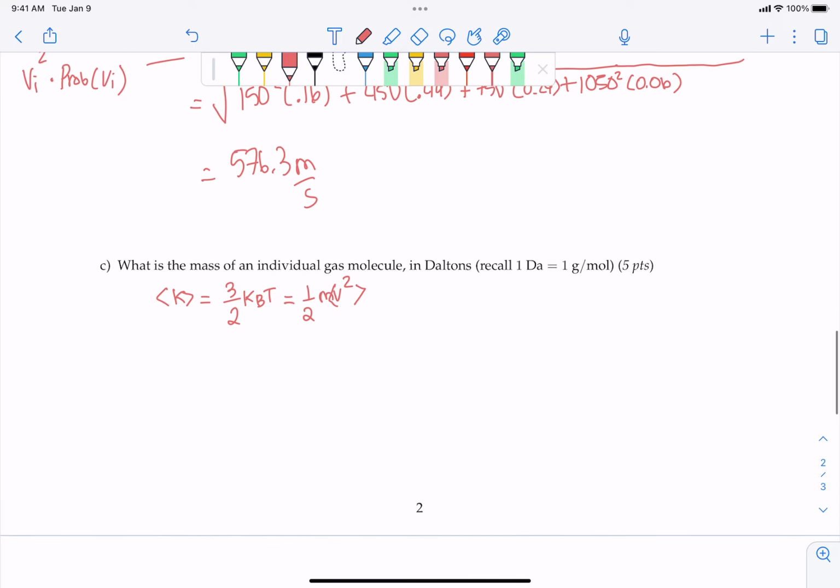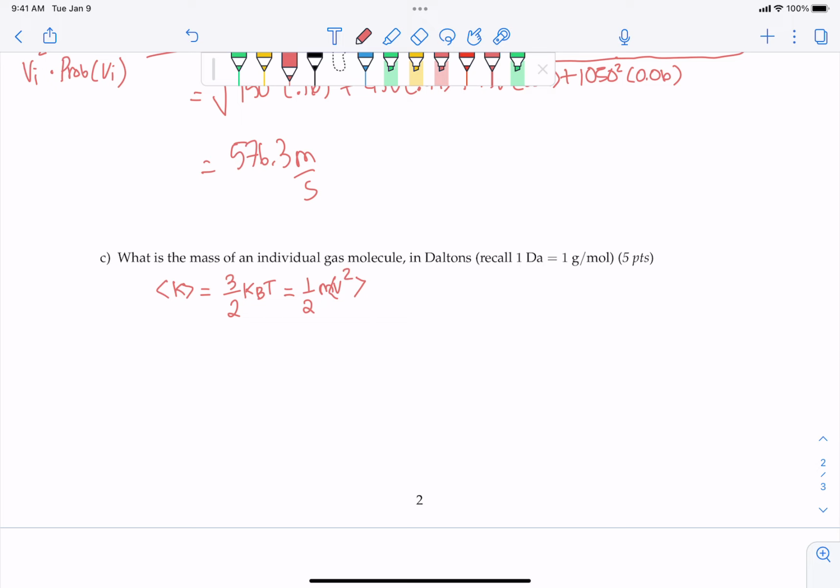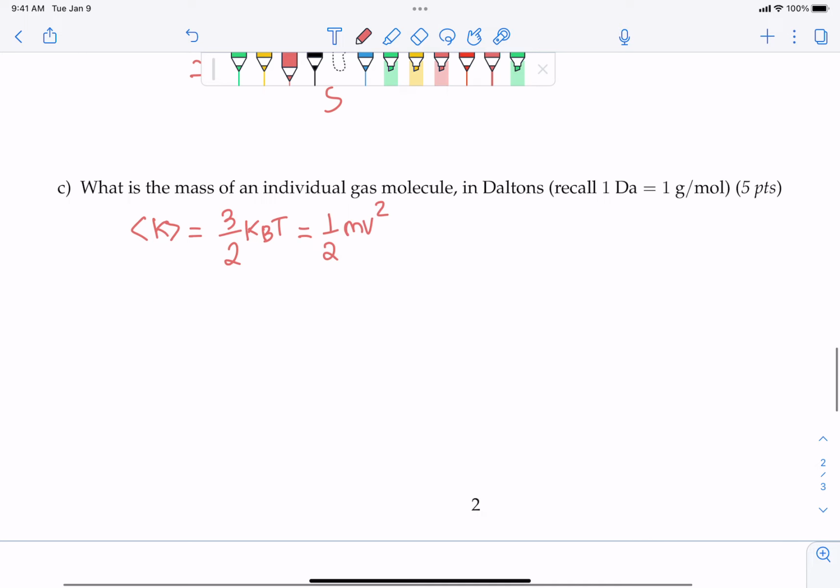Anyway, basically, we're gonna just plug in our values and solve for our mass. So we can just multiply the 2 over here, which would cancel with the half, and then we can divide by v squared to get our mass.